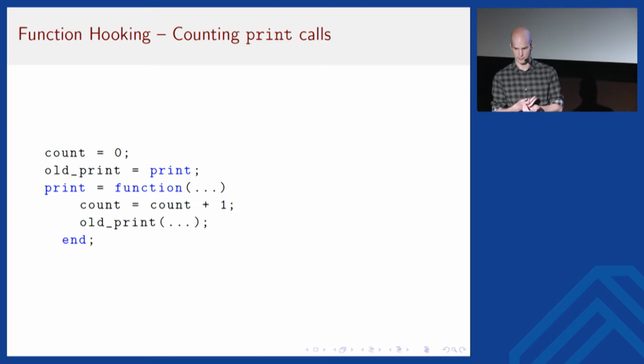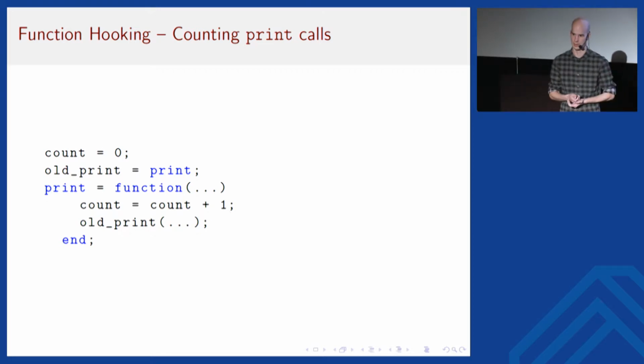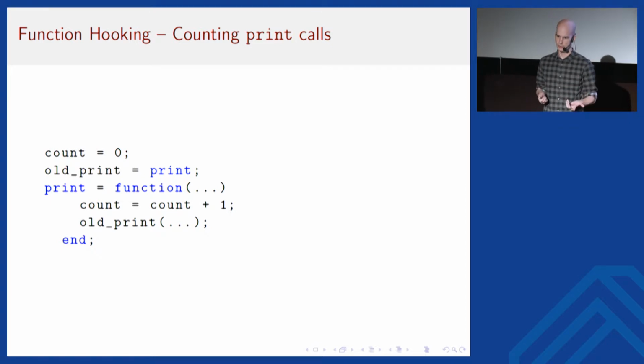What is not so nice about this example is we are using global variables here. So notice that there are no variable declarations anywhere in this code. But if I just assign to an identifier that has not been declared before, then Lua will just assume that this is a global variable. So these first 2 lines here actually create 2 new global variables named count and old print.